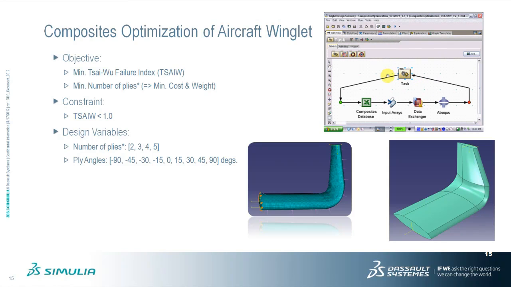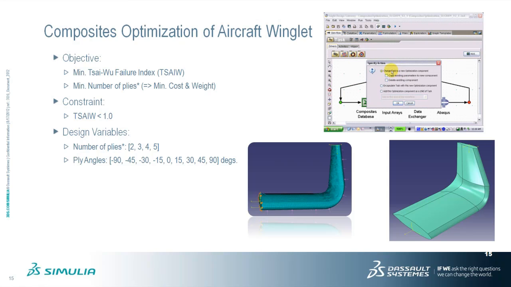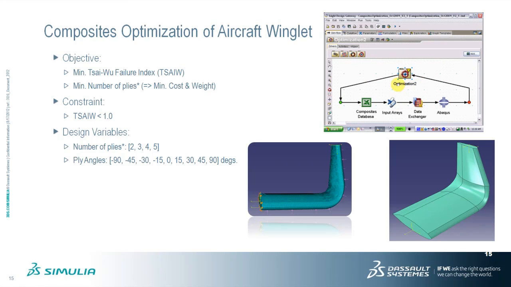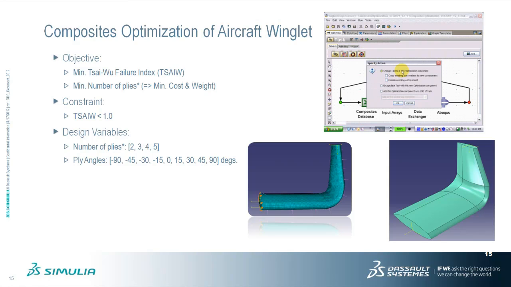Our design variables include number of plies, so we can have 2, 3, 4, or 5 plies as part of this composite winglet. And we're also going to vary the ply angles between minus 90 degrees and 90 degrees in 15-degree increments. So all these variables give us, I think, roughly 60,000 different possible designs.